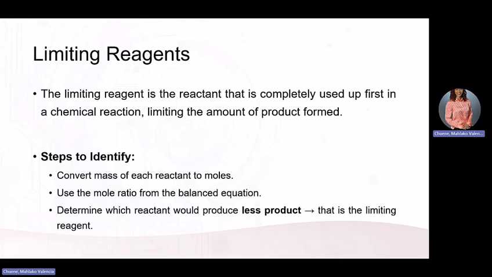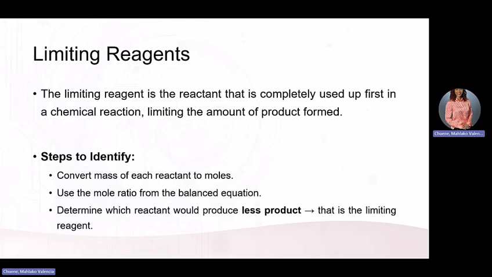The first thing that you need to do is convert the mass of each reactant to moles. All right, so you will also see in the examples that they do give you the masses of each reactant, so you do not have to worry about that. And if you are in the lab, you will obviously weigh those reactants to find what their masses are.